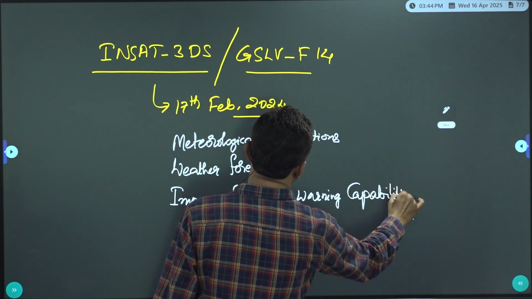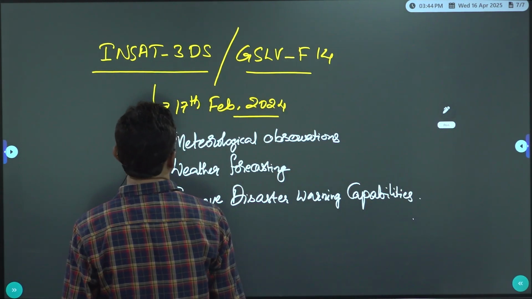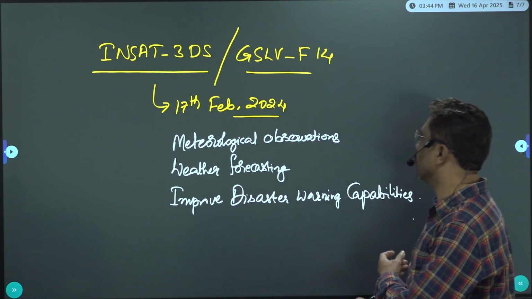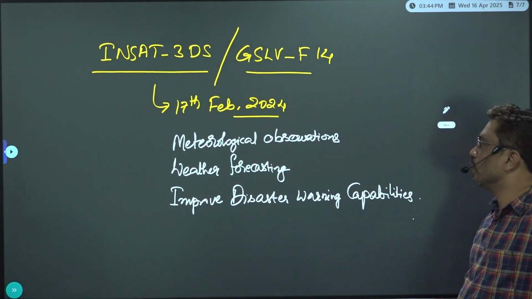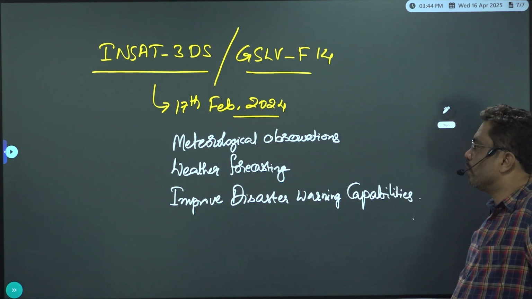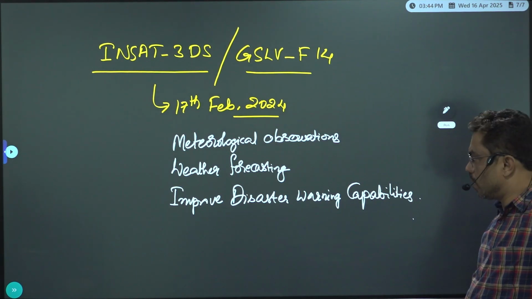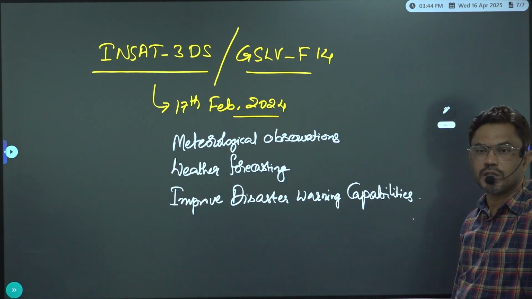So just remember INSAT 3DS or GSLV F14. It was launched on 17th February 2024. It is mainly dedicated for meteorological observations, weather forecasting, and also improving disaster warnings.